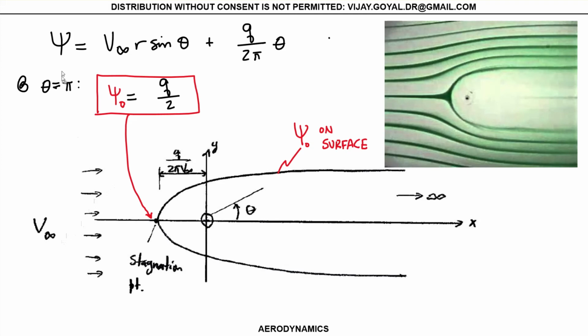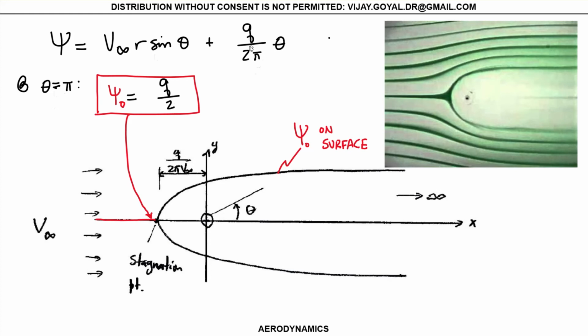As we move on, your stream function then will be V infinity r sine of theta plus q over 2 pi times theta. And if I want to know the value of my stream function along this line here, it gives me q over 2, because when I put pi there, this goes to 0, and this gives you pi.